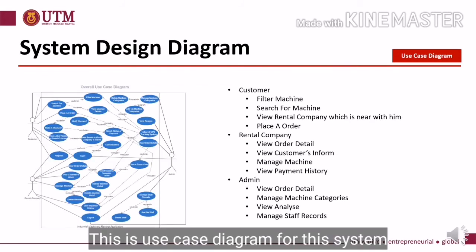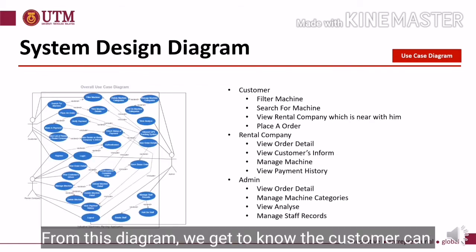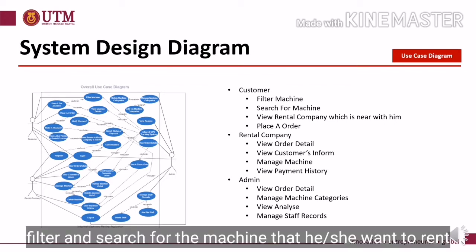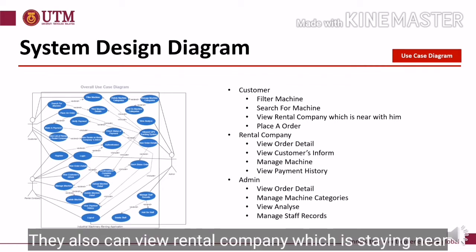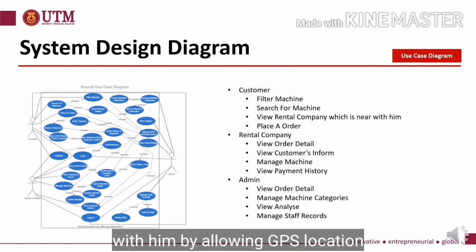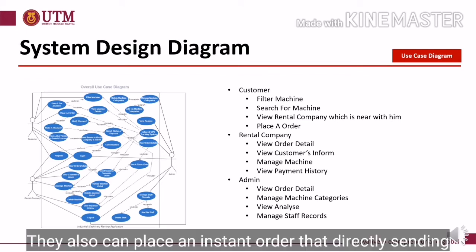This is the use case diagram for this system. For this diagram, we get to know the customer can filter and search for the machine that he or she wants to rent. They also can view the renting company which is nearer to them by allowing the GPS locations, and they also can pay an instant order.